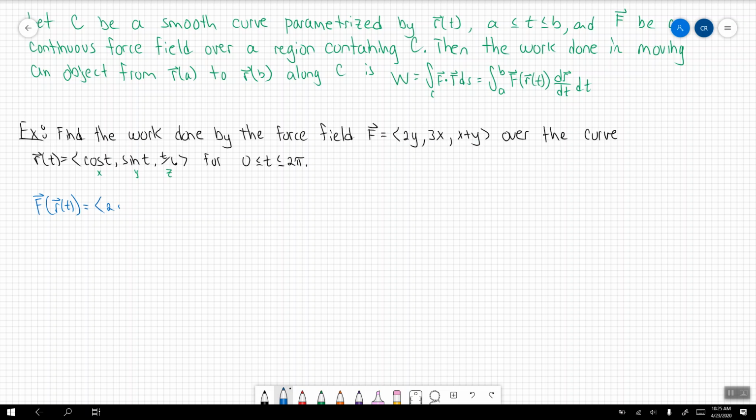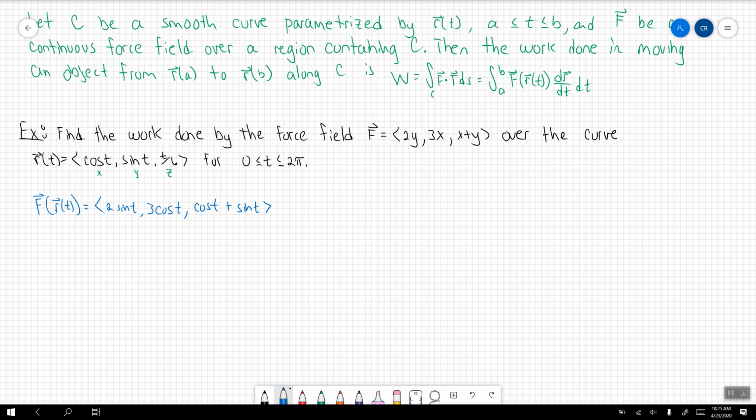That y is sine of t. 3 times x, so that's going to be 3 times cosine of t. And then x plus y, that's going to be for our z coordinate here, so that's cosine of t plus sine of t, as such. Alright, so now I'm done with this function composition, at least for this vector field.